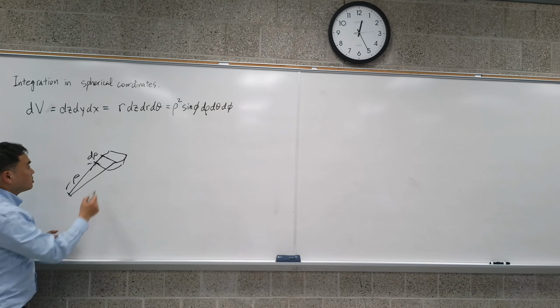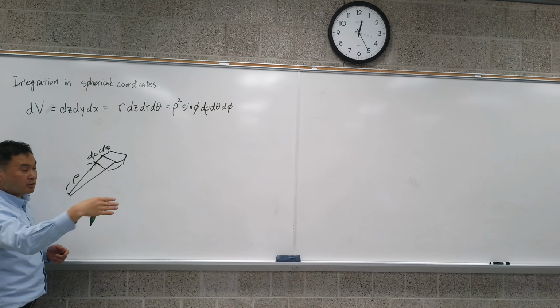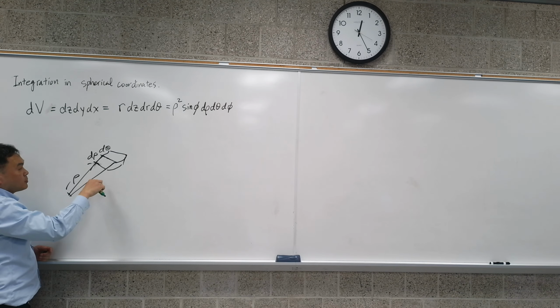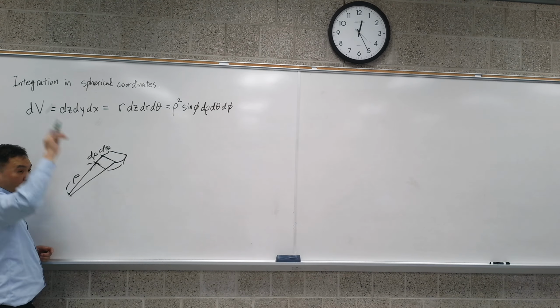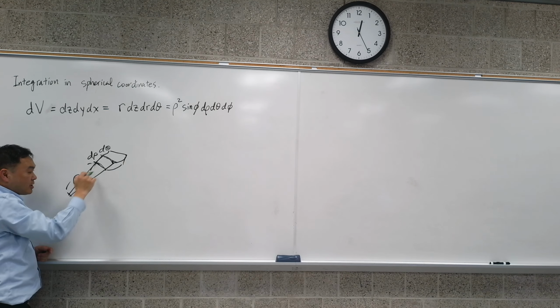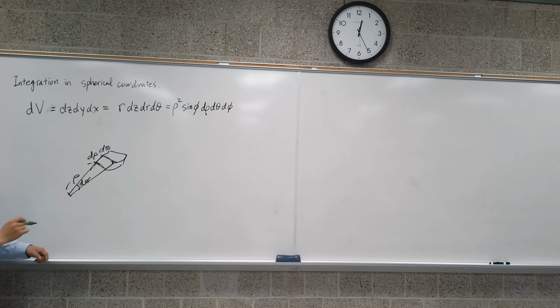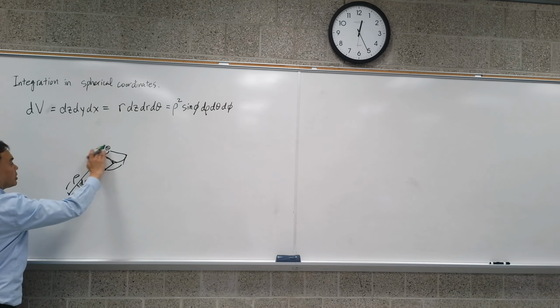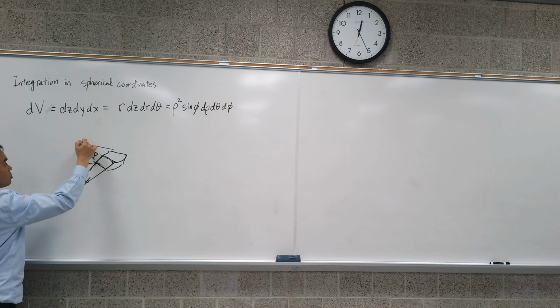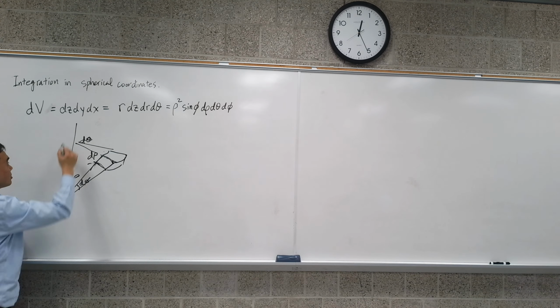So d theta would be over here, turning, and then d phi would be the amount that's coming down. So this angle here, this will be d phi. This will be d theta. You're opening d theta. Here's the z-axis.